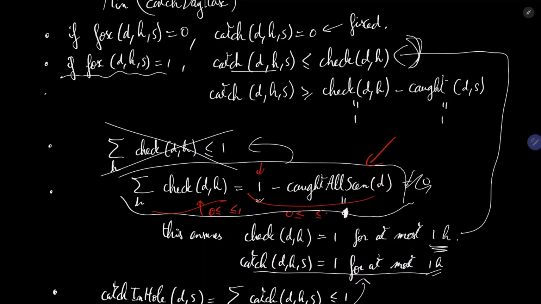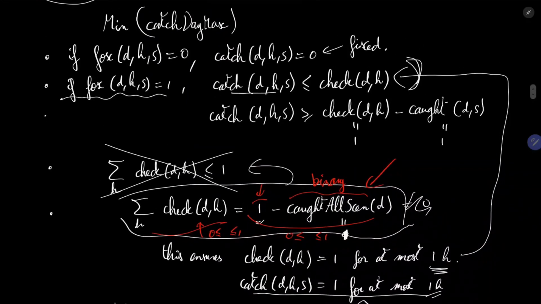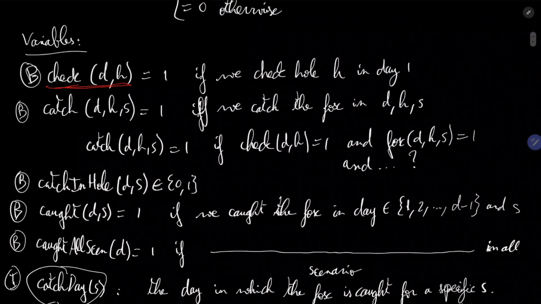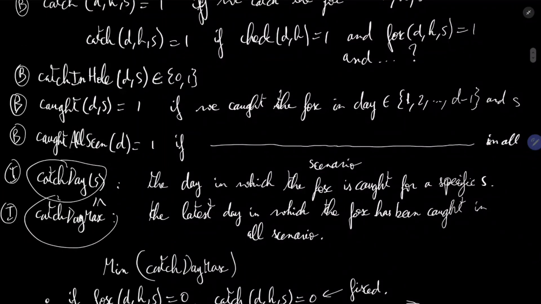And so the variable quote all scenario is guaranteed to be between 0 and 1. But even better than that, because checkDH has necessarily an integer value, and this is also an integer value, then this implies that this necessarily has to be an integer as well, that is between 0 and 1. So this variable will be implicitly a binary variable, even if we define it as linear. So we can take away the condition that quote all scenario D has to be binary. Even if we define it as linear, it will be implicitly binary.